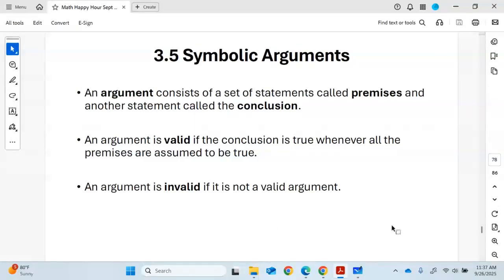So we're going to say that it's invalid if it's not valid. And as I say true and false, you should be thinking of a truth table. So we're going to actually use truth tables in order to check the validity of an argument.